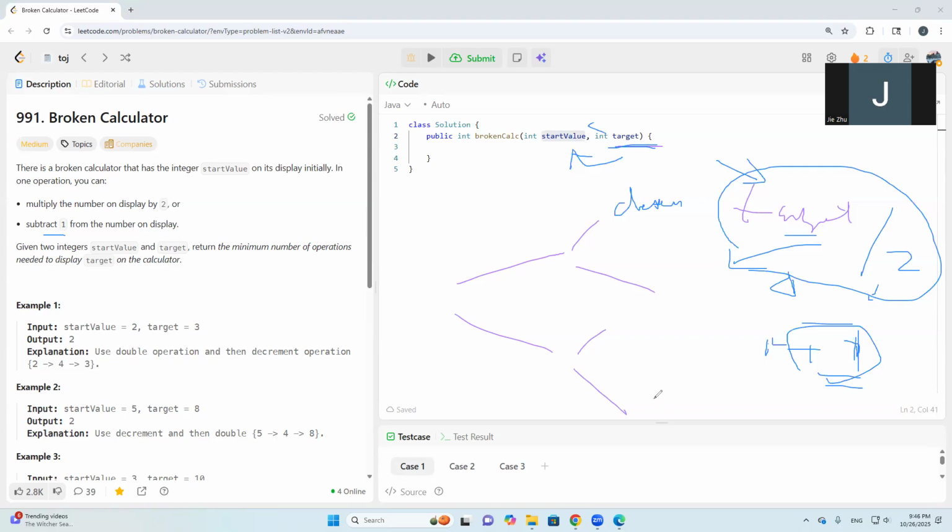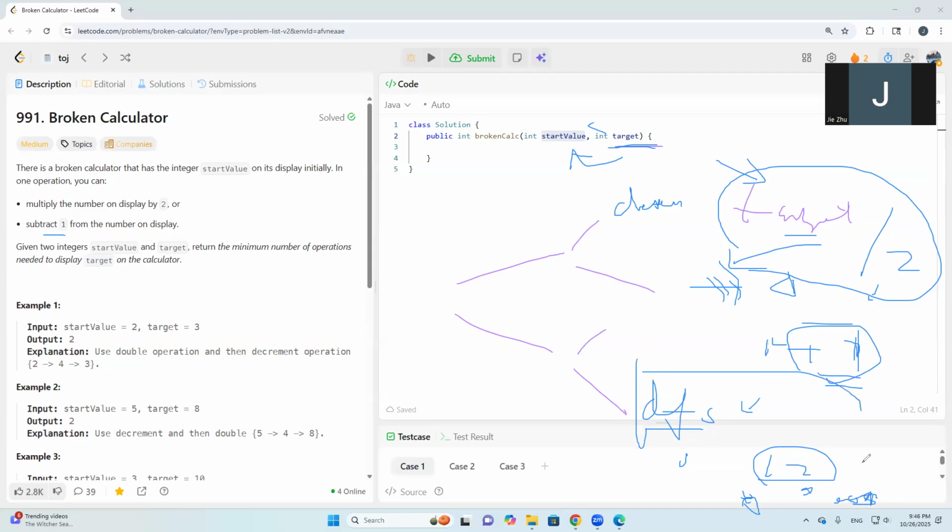Of course we can write a DFS for this question, but we do not need to consider two conditions, because the operations are deterministic. We just check if it is divisible by 2, and call the DFS with divide by 2. Otherwise, just plus 1, even though plus 1 increases the number, which is not optimal for our solution.